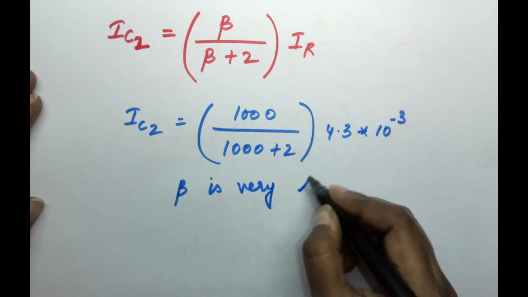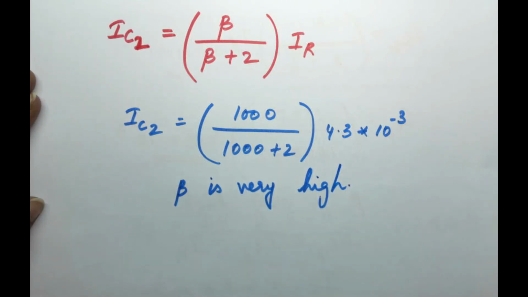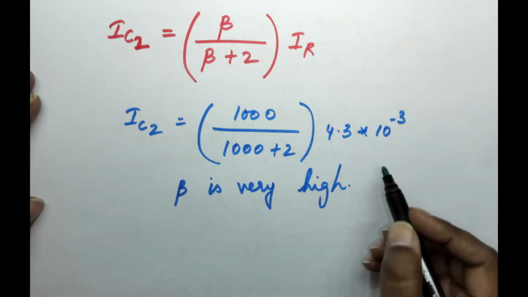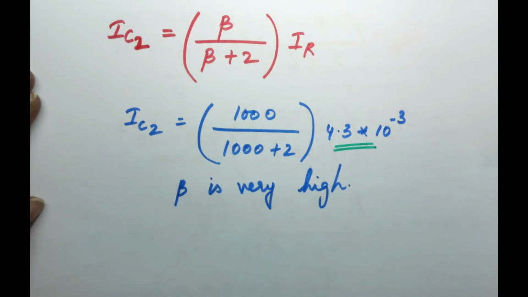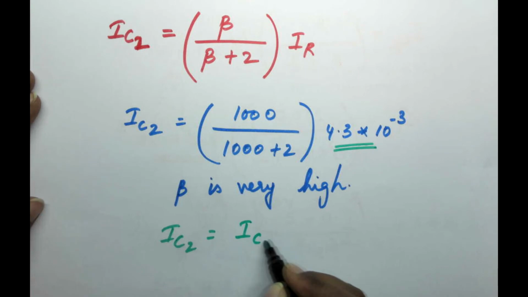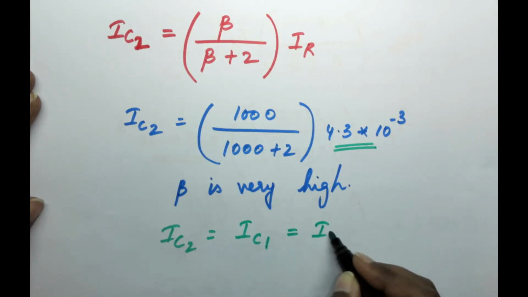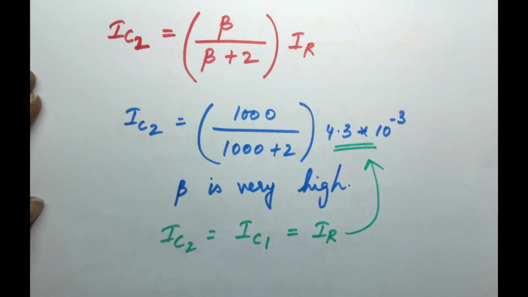So in that case, the 2 in the denominator can be easily ignored, and we will be left with the value of 4.3 into 10 power minus 3. So IC2 value is the same as IC1 value, which is also the same as the current that is passing through the resistance, which is 4.3 milliamps. So this is the final answer.